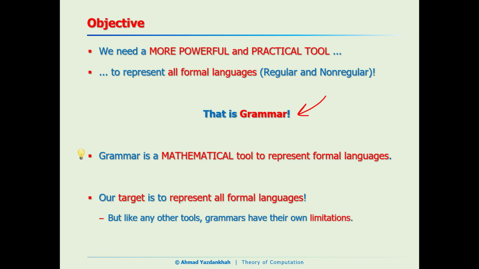I mean, this new tool should be able to represent all regular and non-regular languages. You know that we had seen this desire when introducing automata. Of course, our goal is to represent all formal languages, but let's see whether or not grammars have any limitation.